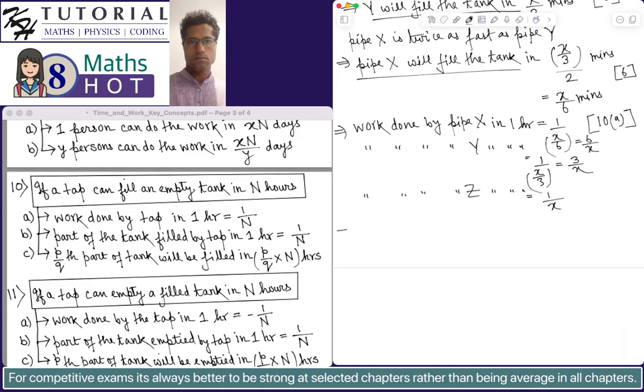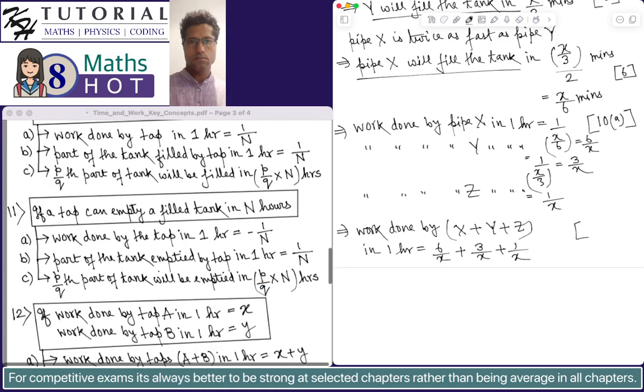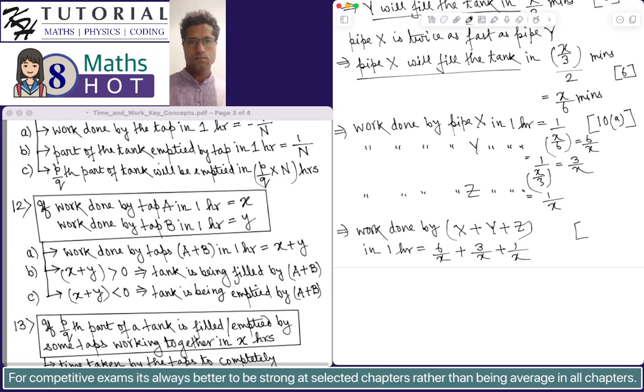So now the work done by all the pipes, that is X plus Y plus Z, in 1 hour will be equal to 6 by x plus 3 by x plus 1 by x. This is based on the concept of 12.